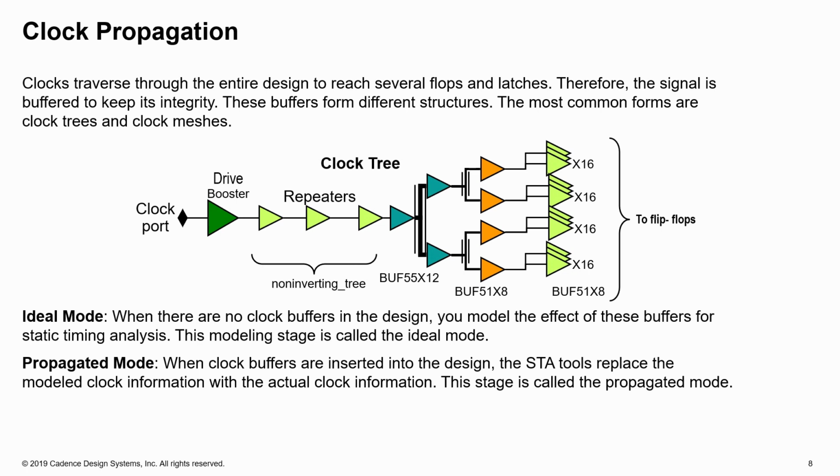This stage during synthesis is known as the ideal mode. And then when the clock buffers are inserted into the design, it is known as the propagated mode, where the modeling that we have done is replaced with the actual clock information, and thus it's called the propagated mode.